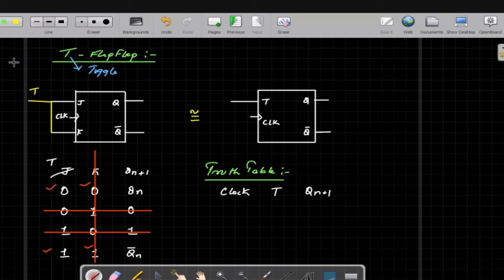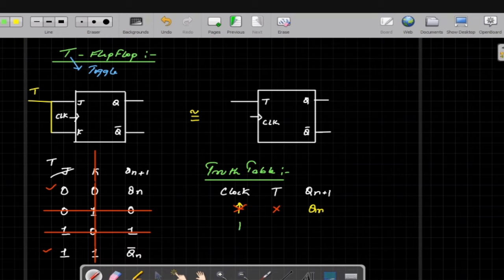Now tell me, if the clock is not there, then no matter what you apply, your present output is always the past output.